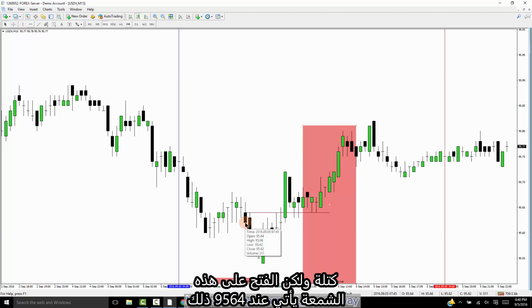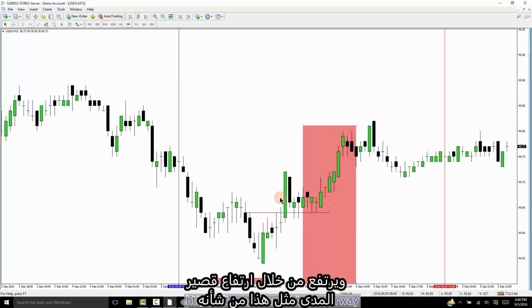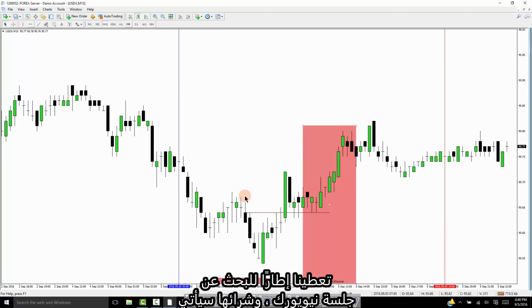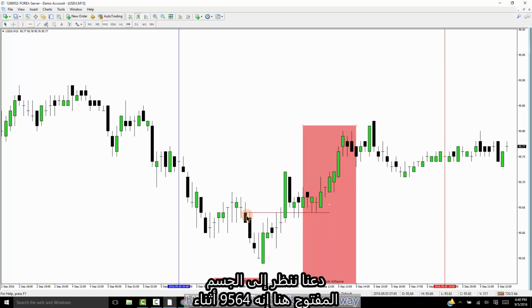The open on this candle comes in at 95.64. That level is important because if we do get a low form in London and it rallies up through a short-term high like this, that will give us framework to look for a New York session buy. It'll come back down into a bullish order block, which it trades. Again, let's look at the body's open on here. It's 95.64.